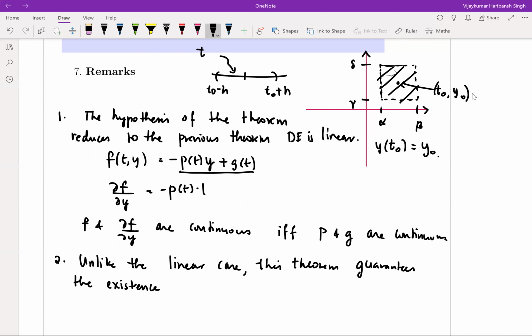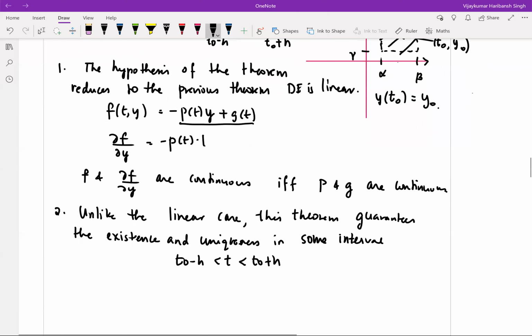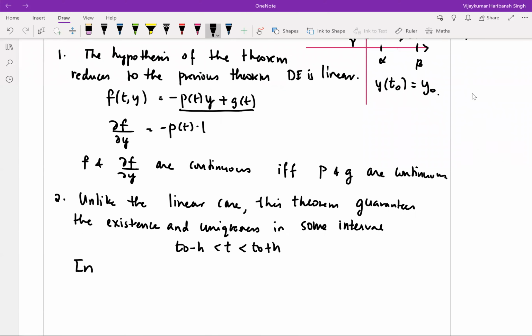The existence and the uniqueness problem, and the uniqueness in some interval t naught minus h less than t naught plus h. Which interval is that? What is the size of this interval? That is unknown. So in general, the value of h is unknown.